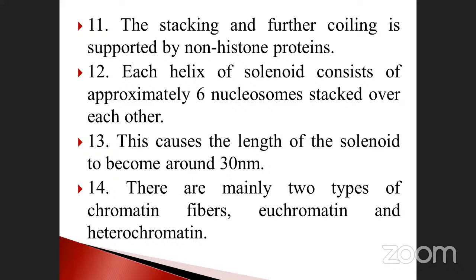There are mainly 2 types of chromatin fibers. One is called euchromatin and another one is called heterochromatin. In the nucleosome, it contains 2 types of chromatin molecule. That chromatin molecule is known as euchromatin and heterochromatin.